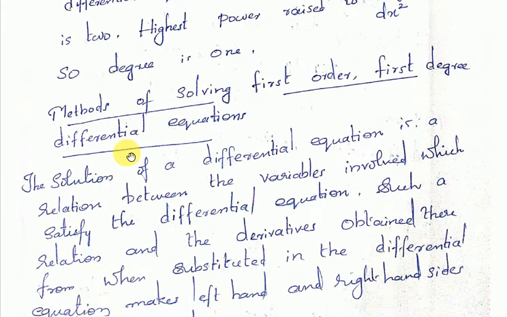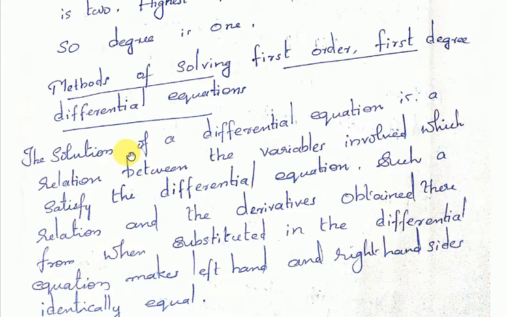Next, methods of solving first order first degree differential equations. Solving means we have to find the solution of the differential equation. Here we are discussing only first order and first degree differential equations. A solution of a differential equation means the relation between the variables x and y which satisfies the differential equation.